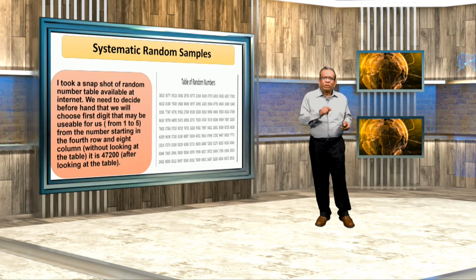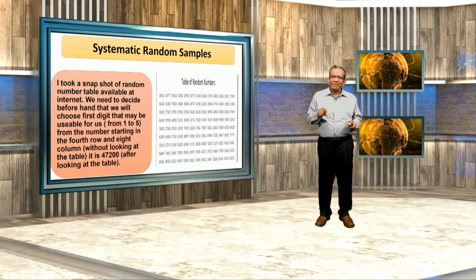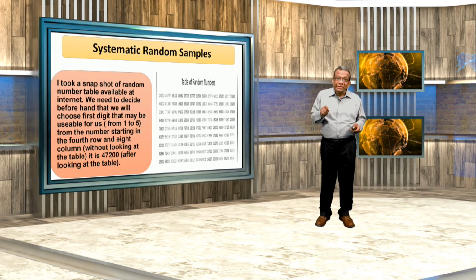I took a snapshot of a random number table available on the internet. We need to decide beforehand that we will choose the first digit usable for us from 1 to 5, from the numbers starting in the 4th row and the 8th column.